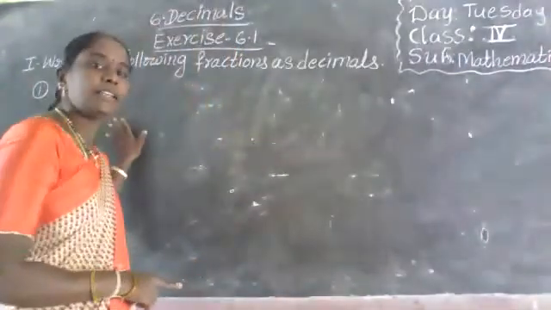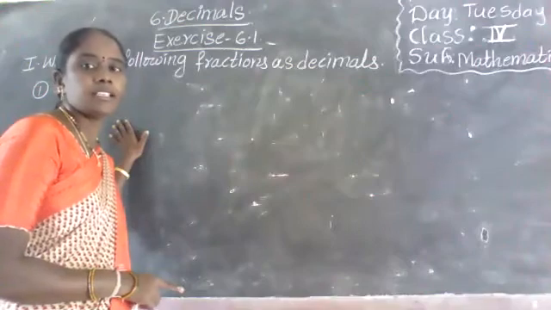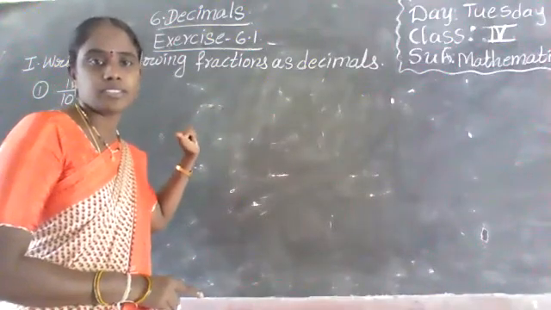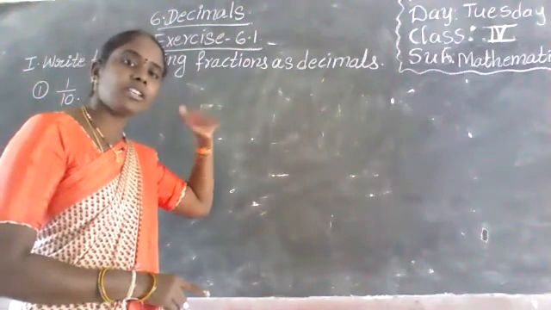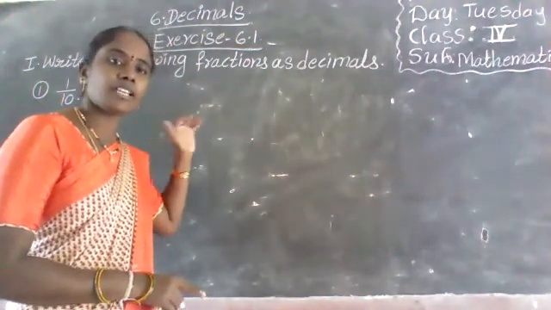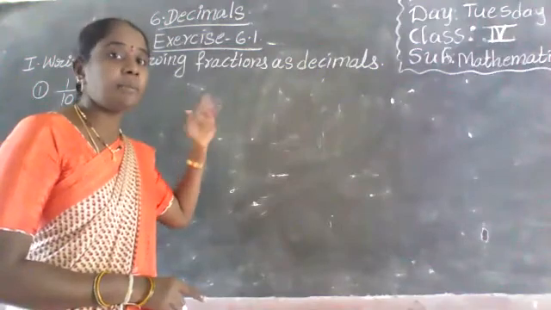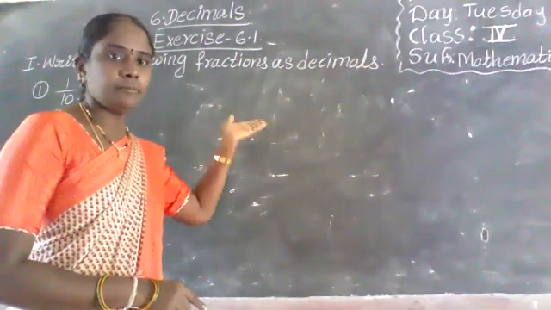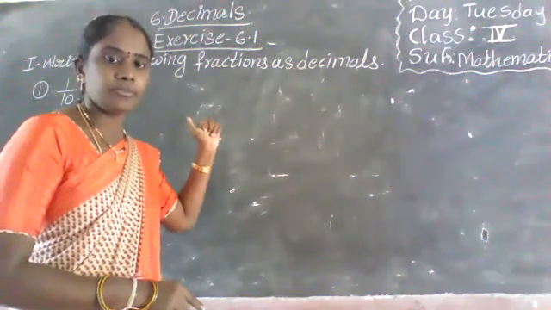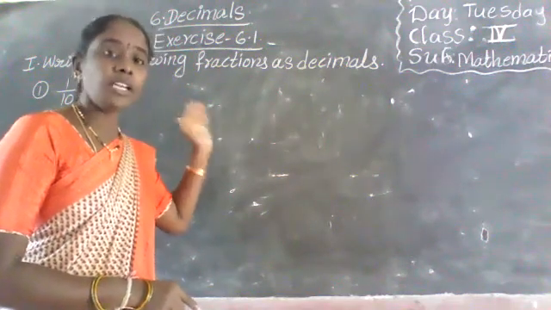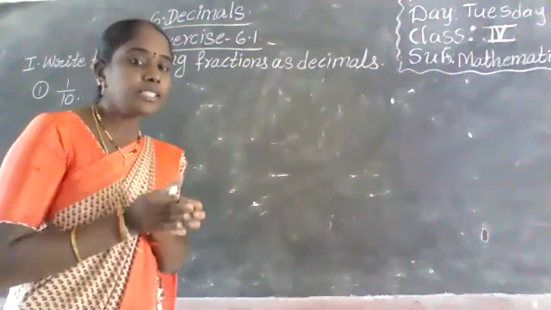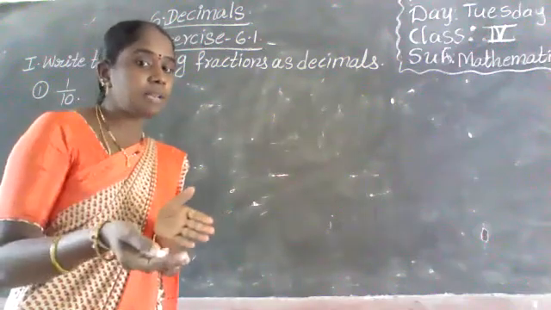Now 1/10, how can we write it in decimal form? Say anyone, recall yesterday's class. What I said: 1/10 or 3/10, 6/10, 25/100, we wrote in decimal form. Okay, this is the number name. 1/10 is the number name. Thus how can we write 1/10 in decimal form?